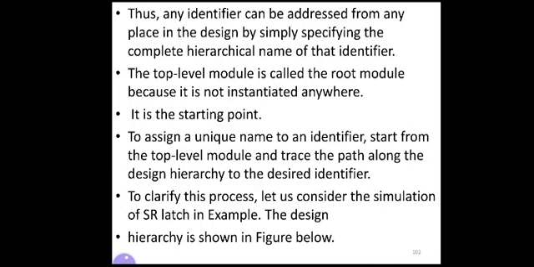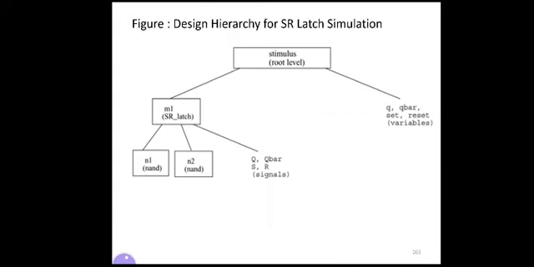To clarify this process, we are going to consider an example, that is simulation of an SR latch. The design hierarchy is shown in the figure below. The design hierarchy for SR latch simulation: stimulus is the root level. Stimulus is an identifier name, so it is the root level. Under this, on the left side, the first level is SR latch M1.